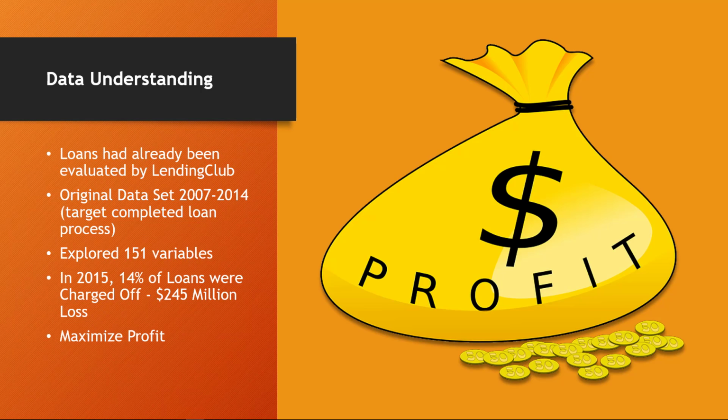There were 151 variables in the data sets we were looking at in this time period. And looking at the 2015 data, we found that 14% of the loans had been charged off, worth $245 million. So if we could find ways to avoid these losses, we could maximize the profit of the money Lending Club lent out.